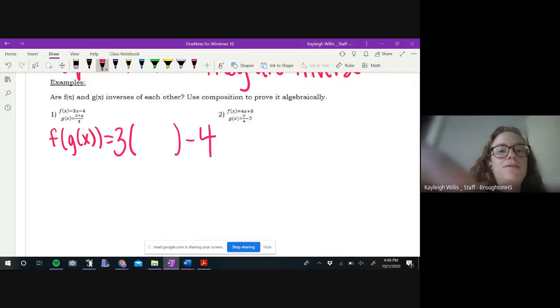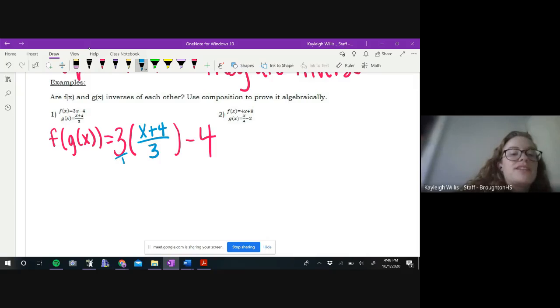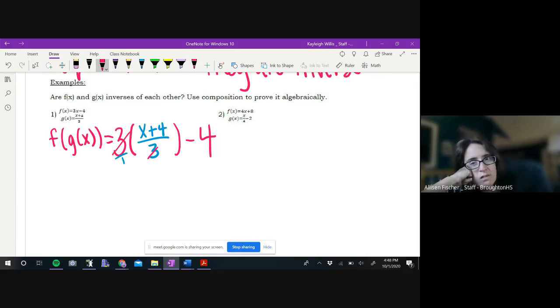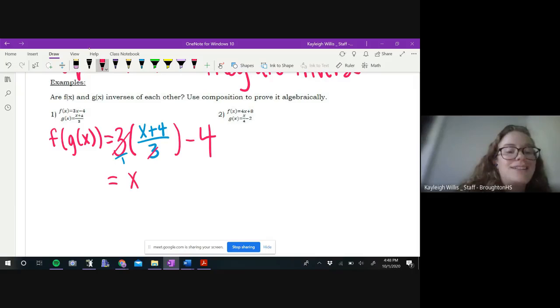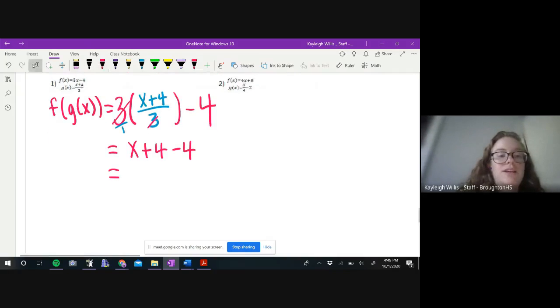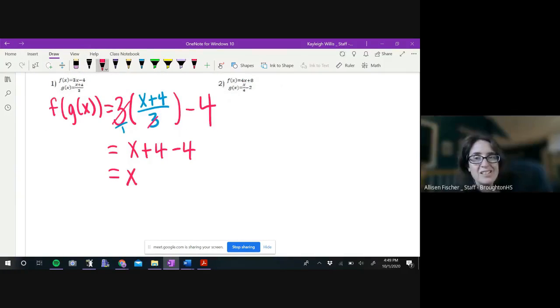I'm going to take all of g and plug it in. When we are multiplying, we understand that this 3 is over 1. So I would have a 3 on the top and a 3 on the bottom, so they cancel out. Then x plus 4 minus 4, and if I keep simplifying, it equals x.